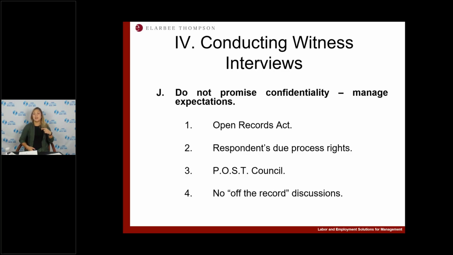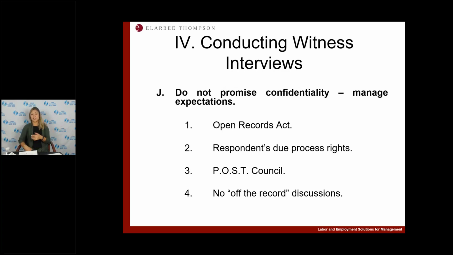All right. Do not promise confidentiality. This is the manage-expectations part, because there's no way to maintain 100% confidentiality in an internal investigation, particularly if you are an agency that's subject to the Open Records Act.